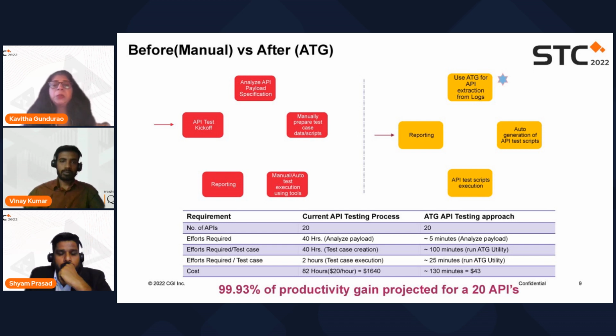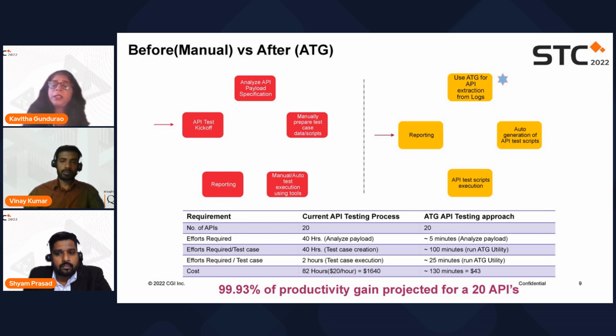Totally, the effort consumed for 20 APIs was around 82 hours, and the cost for 20 API automation was close to $1,640. This is a rough computation of the cost.